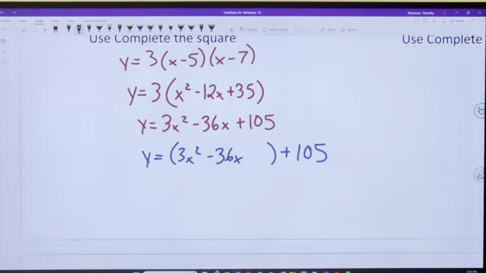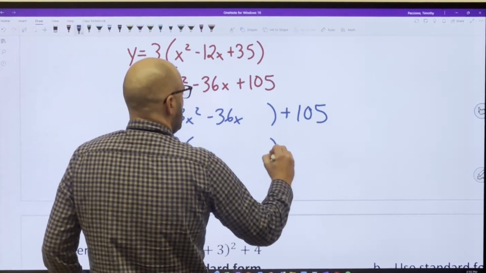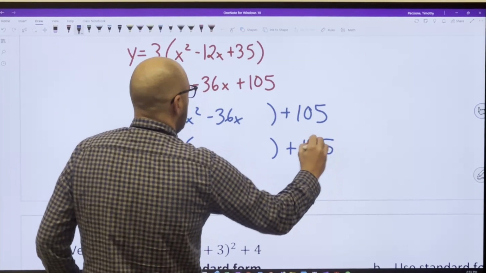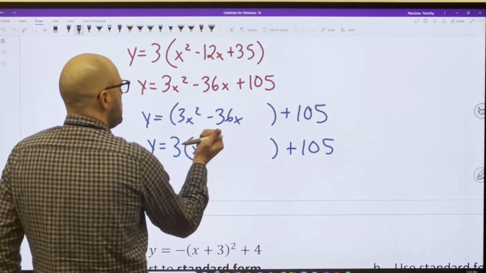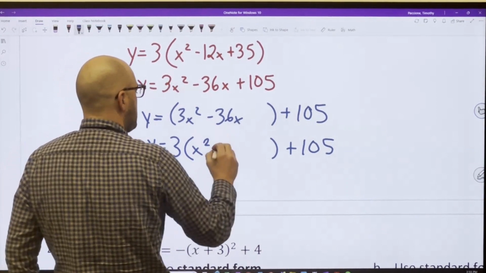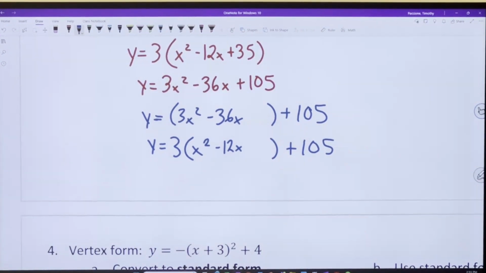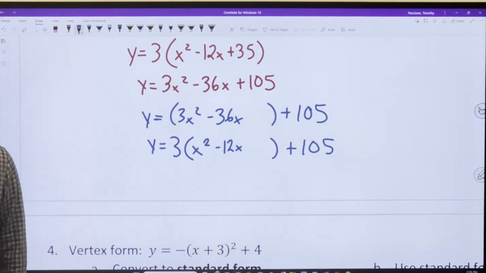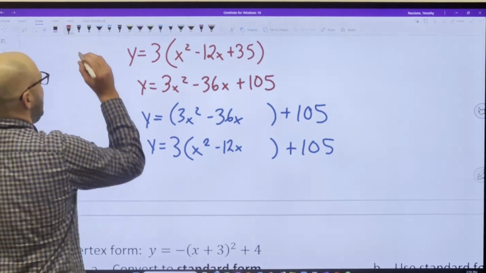So y equals 3, and then I divide everything in here by 3. 3x squared divided by 3 is x squared, and then negative 36 divided by 3 is minus 12x. So then I'm ready to complete the square. You complete the square by doing (b divided by 2) squared. What's my b in there? Negative 12 divided by 2 is negative 6. Negative 6 squared is 36. So I'm going to add 36 here.